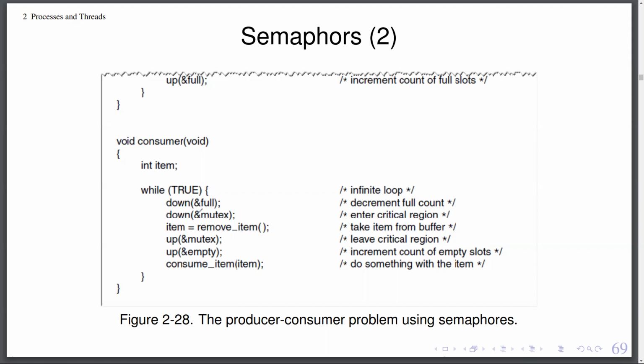And then otherwise, if there are things there, it can use them up, go into the critical region, and then when it's done accessing the array to get the element it wants, it will call up on empty to let the producer know that it has more room to create items, to increment the semaphore.